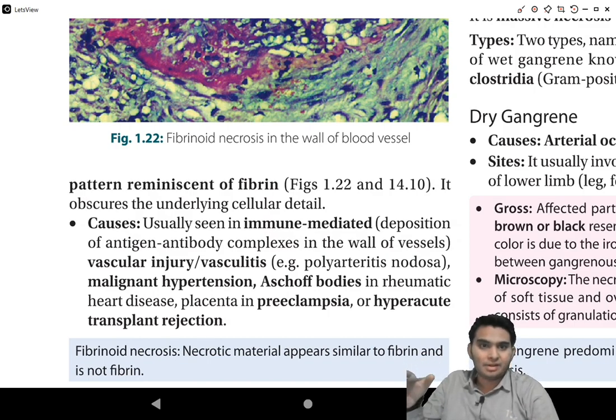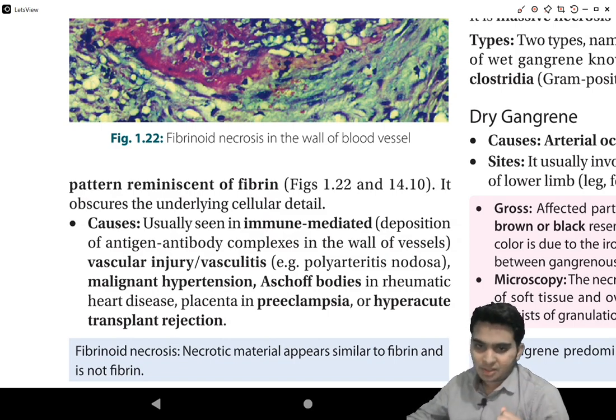Basically, deposition of antigen-antibody complexes in the wall of vessels, then vascular injury, vasculitis, polyarteritis nodosa, malignant hypertension, Aschoff bodies in rheumatic heart disease, preeclampsia, and hyperacute transplant rejection. So these are the causes of fibrinoid necrosis.